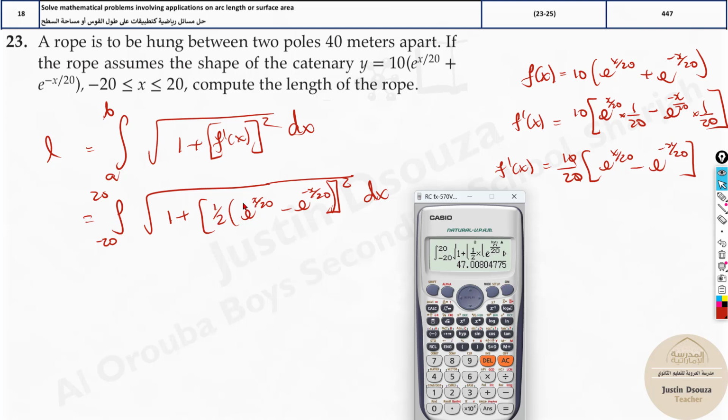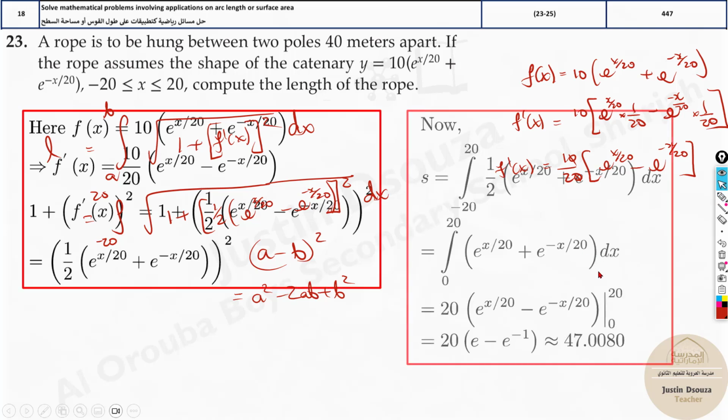Squaring this will be 1 by 4th, and over here it will be 2x by 20 minus 2x by 20. When you're squaring this it's direct, but over here you need to use the a minus b whole squared formula, which is a squared minus 2 times ab plus b squared. So use this formula and then you can simplify as well, or directly put it in the calculator.